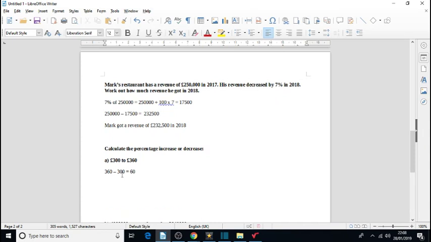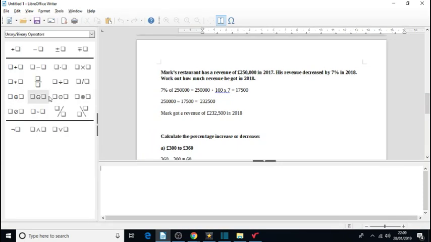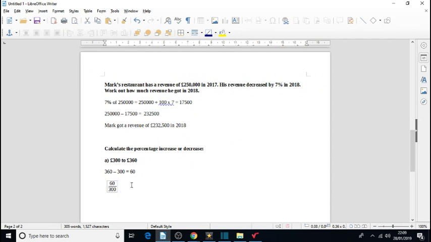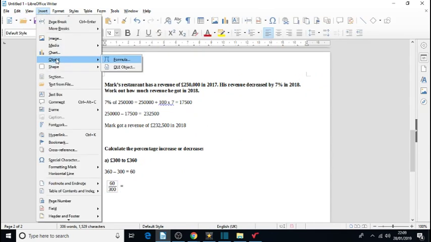And then you're going to work out what 60 is of 300. You might be seeing where I'm going with this. 60 over 300 is equal to 1/5.